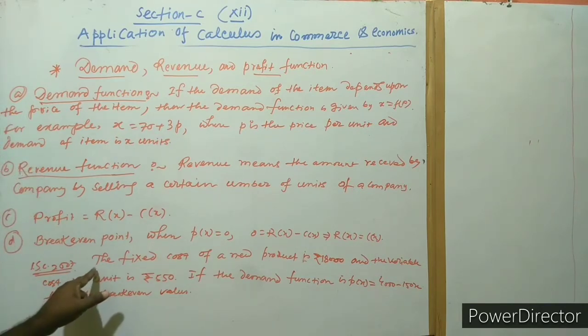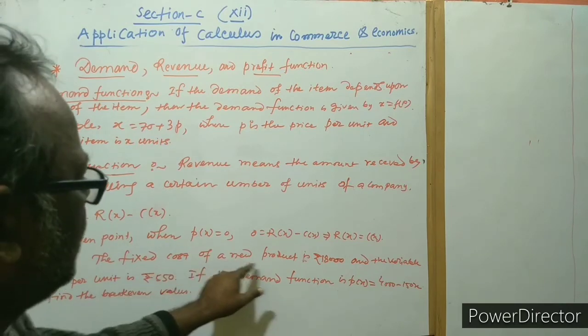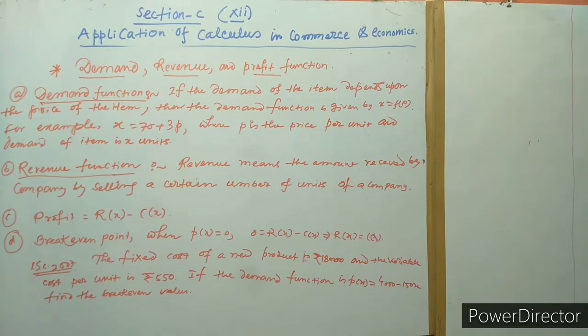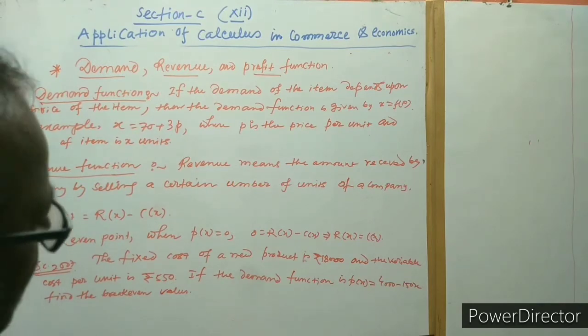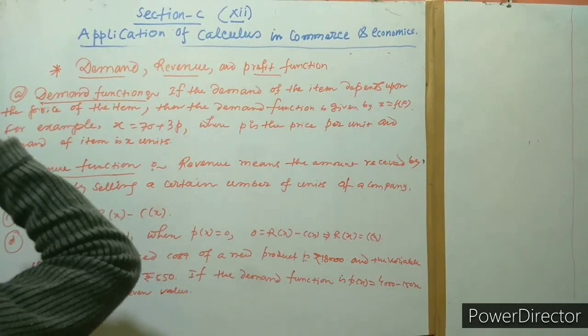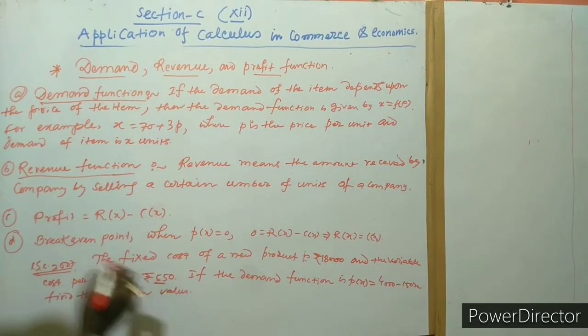For example, in the ISC exam in 2007, this question is given: the fixed cost of a new product is 18,000, and the variable cost per unit is given.